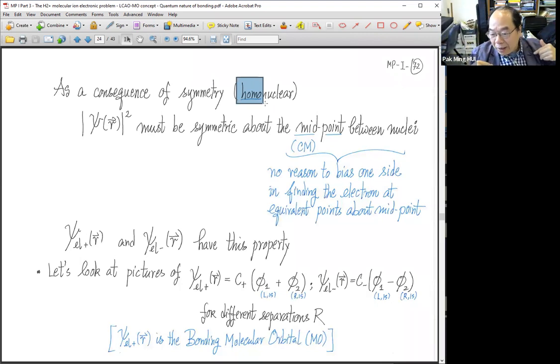We will be discussing heteronuclear molecules, meaning A and B, they are different. In this case, you don't have this luxury of using this argument and get the C1, C2 so easily, okay? We are lucky. Well, intentionally, we pick a simple problem so that we can make use of that.